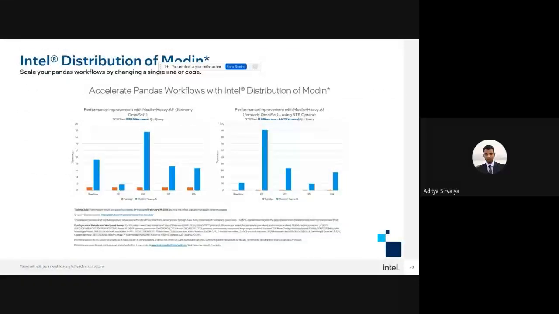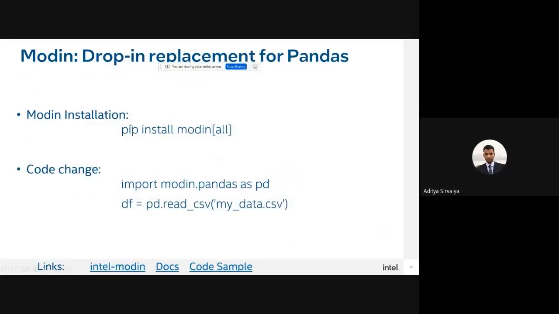Similarly, for Modin also, let's say you are using pandas for your data pre-processing. Now to take advantage of Modin, which is heavily contributed to by Intel, Intel has been contributing to Modin for a long time, so it has all the Intel optimizations. Now, for pip install, using Modin, what you need to do is pip install modin[all].